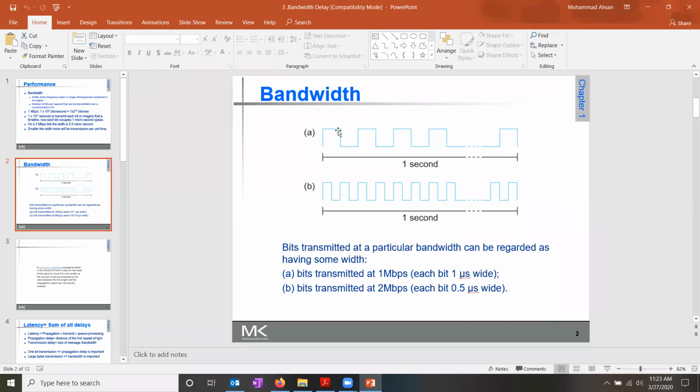Previously, we had only 1 in this bit duration. But at 2 megabits per second, we can have 1 and 0, 2 bits in this particular bit duration. You get the point?